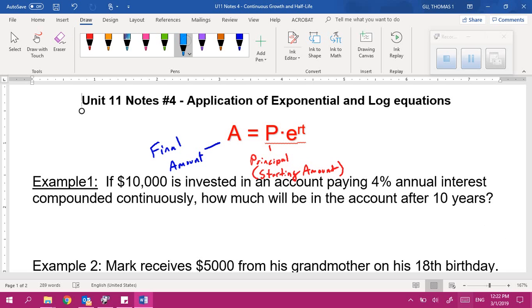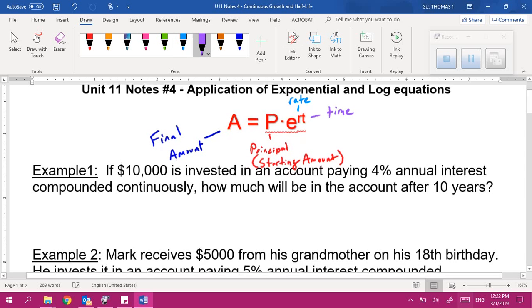And what is R? The rate. And the rate has to be a decimal, remember? Exactly. And what is T? Time. All right, good.